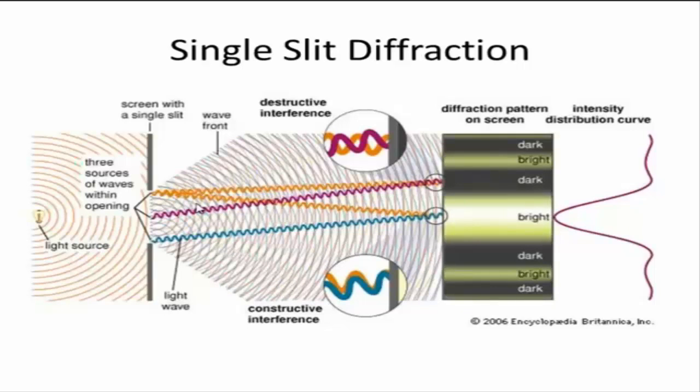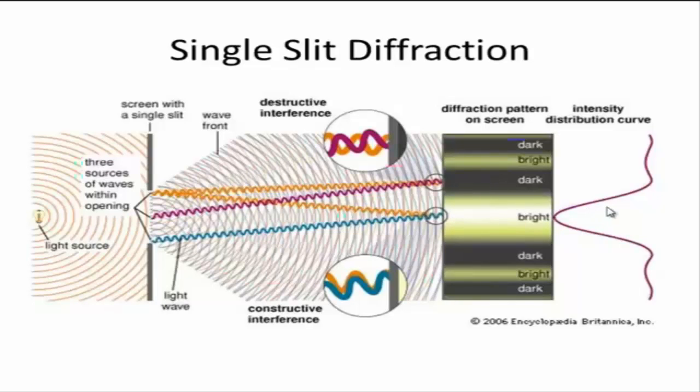And what happens is if we take this light and allow it to project out to a screen at a set distance away, we get both constructive interference, where we get the bright areas, and destructive interference, where we get the dark areas.